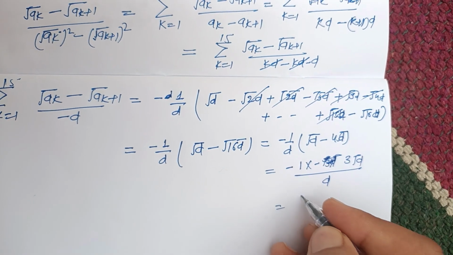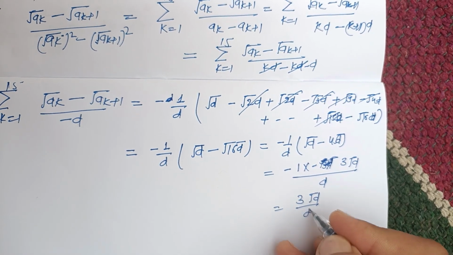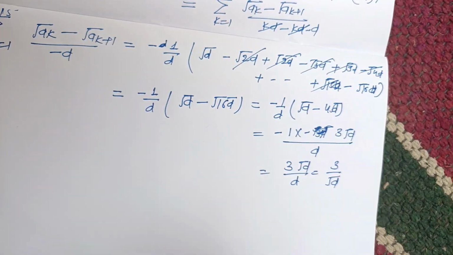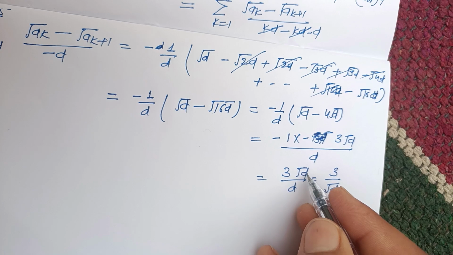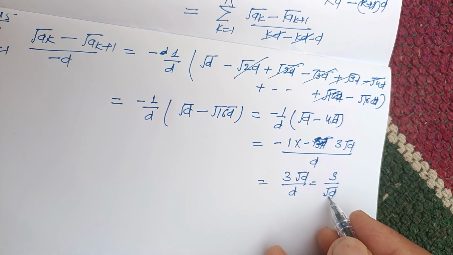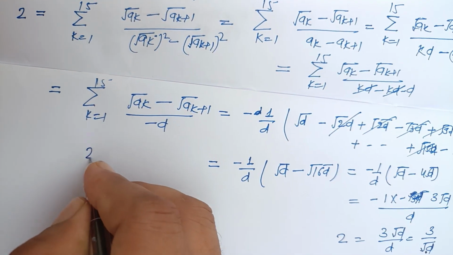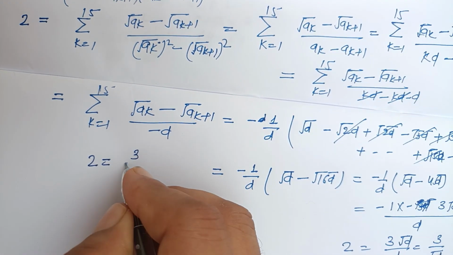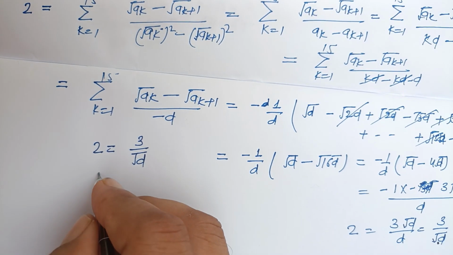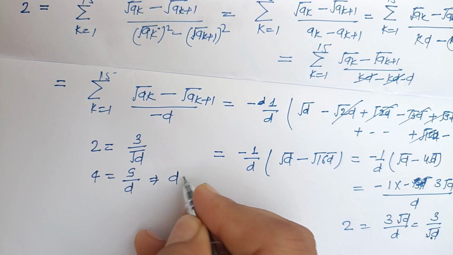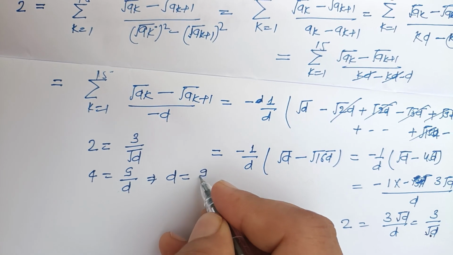So minus minus plus 3 root d over d, or 3 upon root d. This is given to us as 2. So 2 equal to 3 upon root d. Squaring, this is 4, this is 9, this is d. Therefore d equal to 9 upon 4.